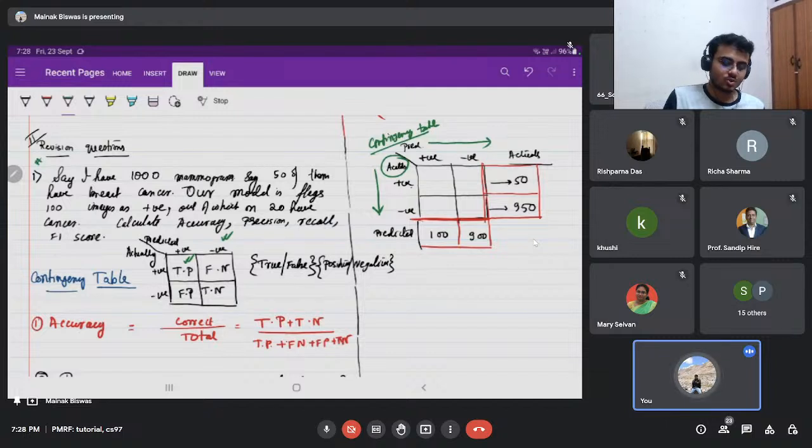Actually it's positive, you say negative, it's a false negative, and so on. True and false signify whether your prediction is correct, and positive or negative says whether you're saying a positive or a negative. So 2 cross 2, you're filling up this contingency table of 4. Positive means you're telling a positive class, negative means you're telling a negative class. You can either be correct in saying a positive class or wrong, that is in case of a false positive or a false negative.